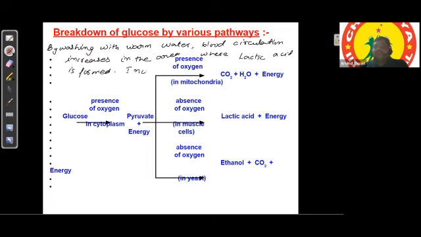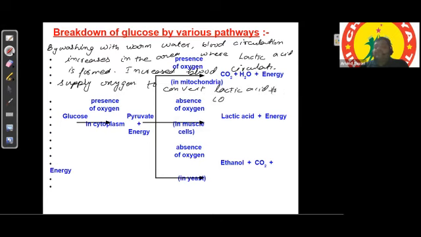So increased blood circulation supplies oxygen to convert lactic acid to carbon dioxide and water, CO2 and H2O.